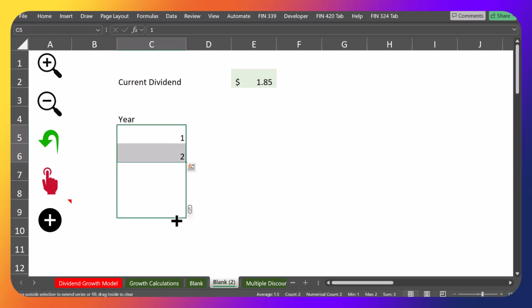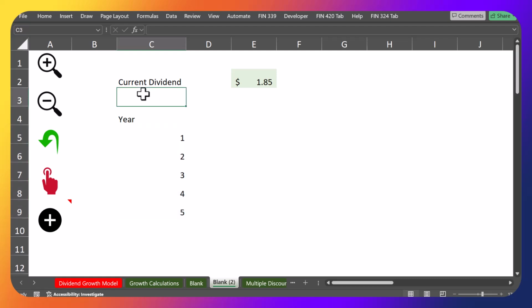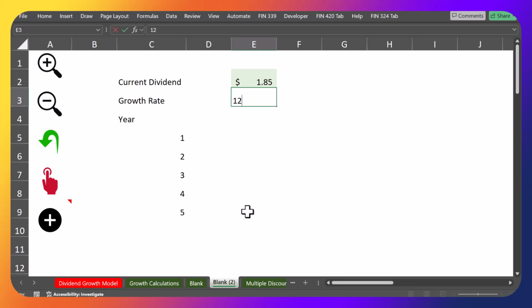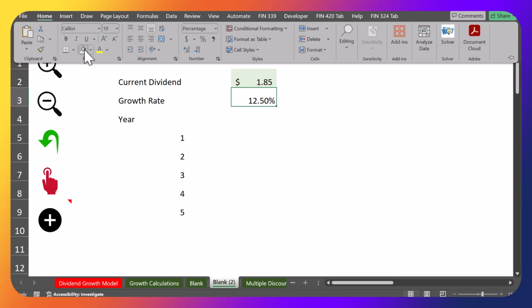I'm going to grow them. Rate. What was that growth rate? 12.5%. That is another input.